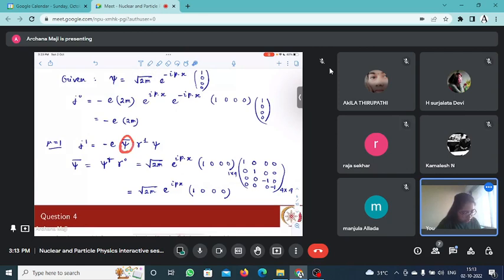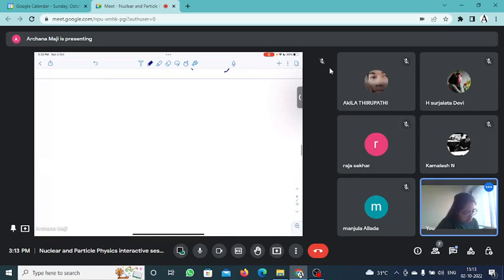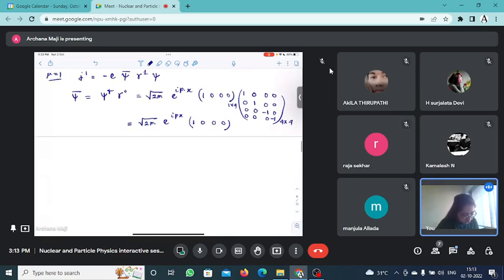Now we replace psi bar here and also use the gamma 1 matrix. So J1 will be equal to minus E times, again, 2 times square root 2m, exponential i p dot x coming from psi bar and exponential minus i p dot x coming from psi.